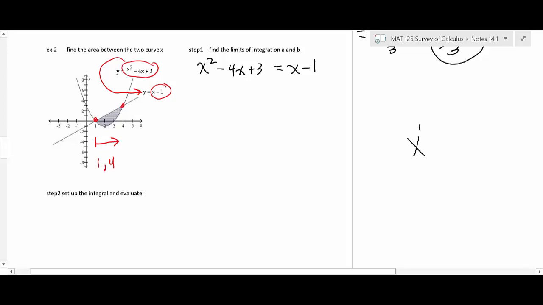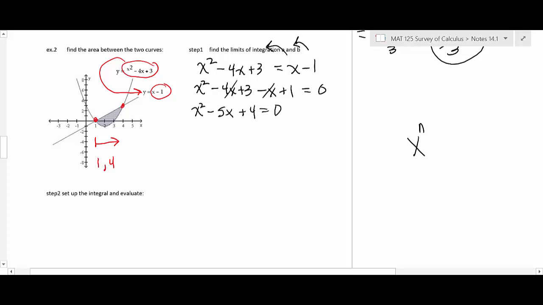Anytime you have x to a power, you need to have one side equals 0. So I'm going to move all this stuff from the right side to the left side. That's going to give x to the second minus 4x plus 3 minus x plus 1 equals 0. Make sure that you change those signs because you're subtracting x and adding 1. So that's going to give x squared minus 5x plus 4 equals 0.